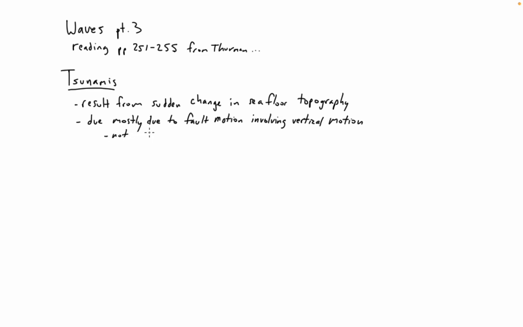And not generally those with horizontal motion, what we call strike-slip earthquakes. So generally, a fault like the San Andreas, which is mainly moving things north and south, wouldn't be expected to trigger a tsunami because it's not really affecting the elevation of the water.